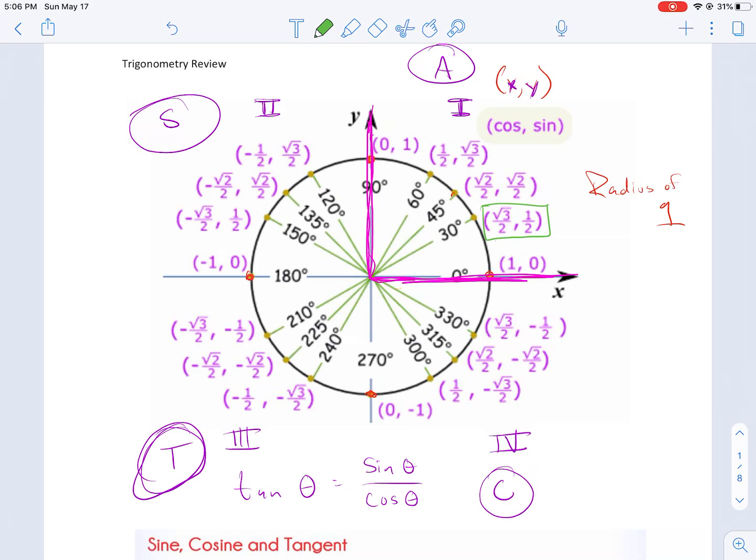You notice we got square root 3 over 2 and 1/2 right there, and then if you look at 150, we got square root 3 over 2 and 1/2, but our cosine, or our x value, is negative. If you go down here, we see those same values for x and y, but now they're both negative. And if we look over here, we see those same x and y values, but our y values are negative.